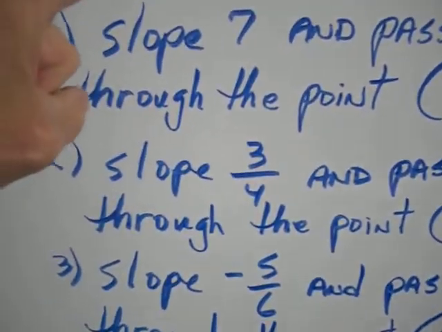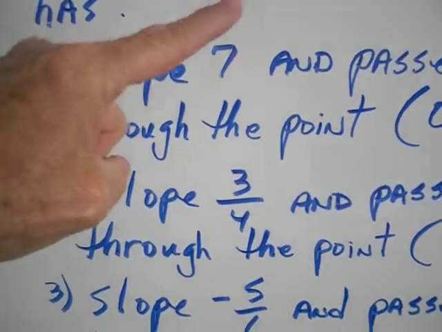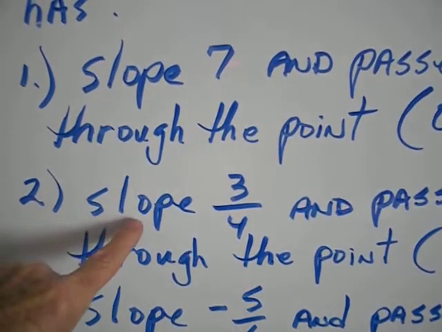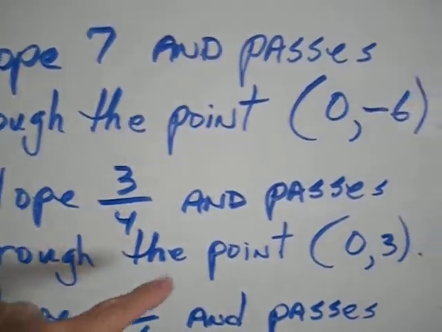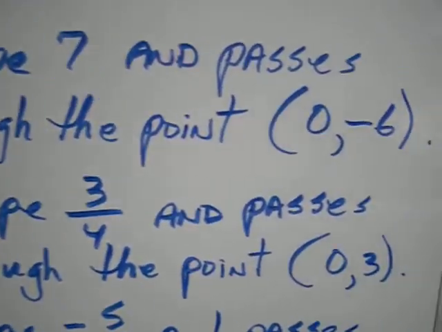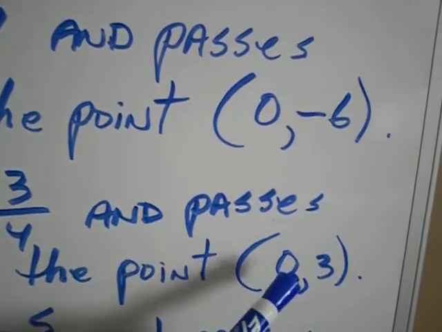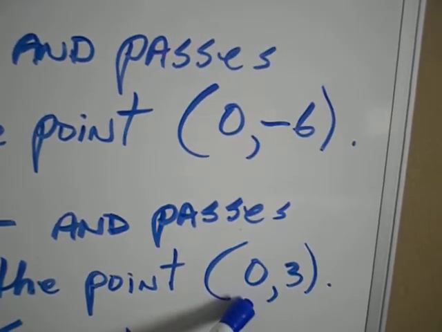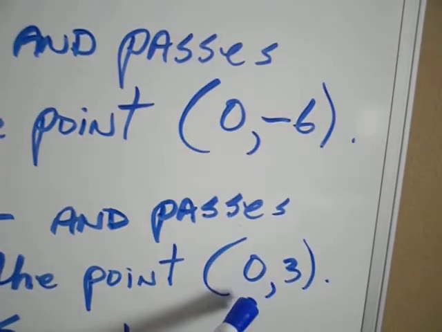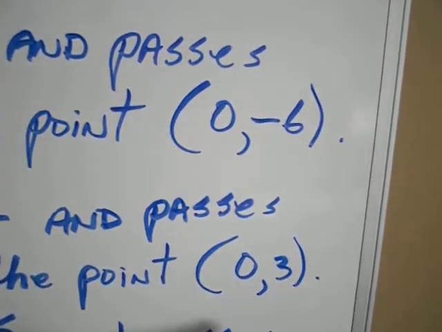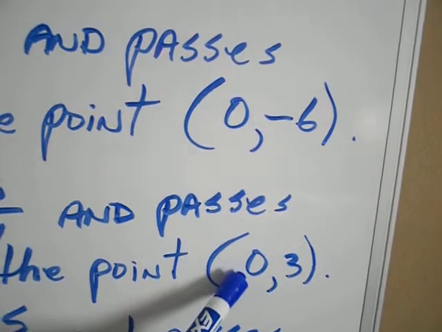Number 2. Write the equation of the line in SF and SI that has slope 3/4 and passes through the point 0, 3. That's the y-intercept, where x is 0.